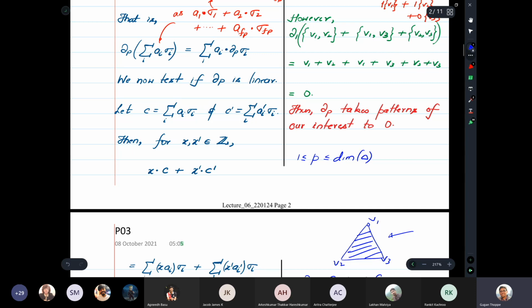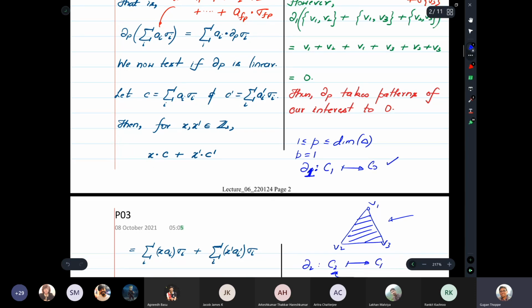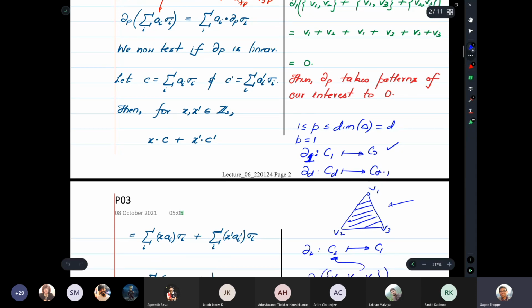The boundary case would be p equals 1, which means DABA 1, which goes from C1 to 0. This definition we have covered, and similarly, let's say this is D, we have covered DABA D as well, which goes from CD to CD minus 1. Does that answer your question?